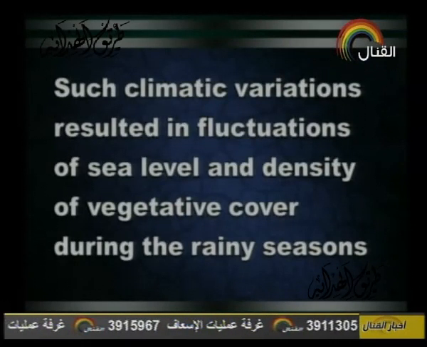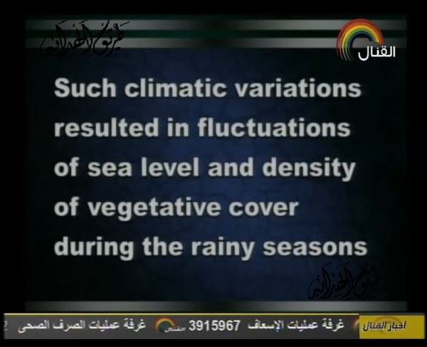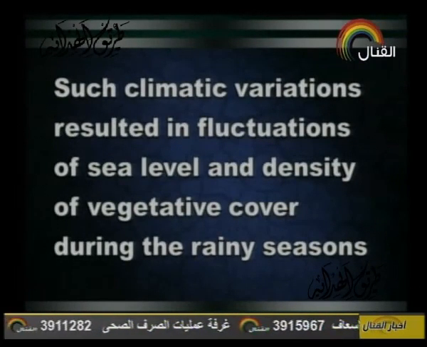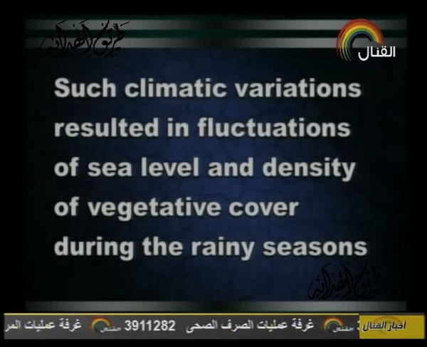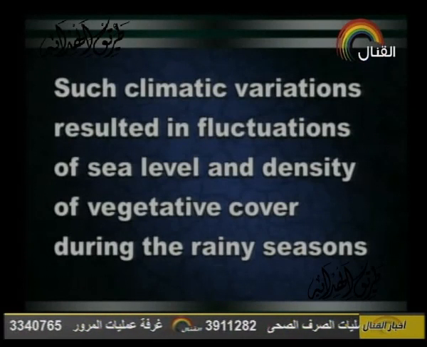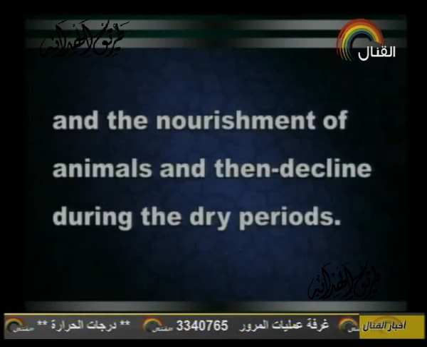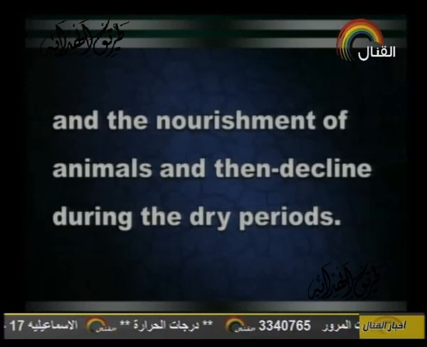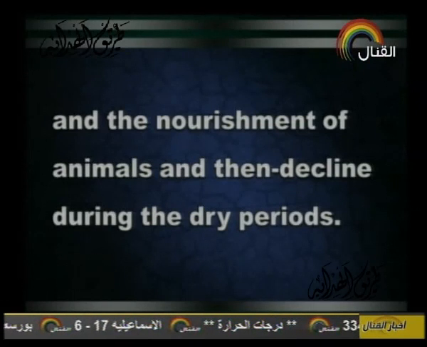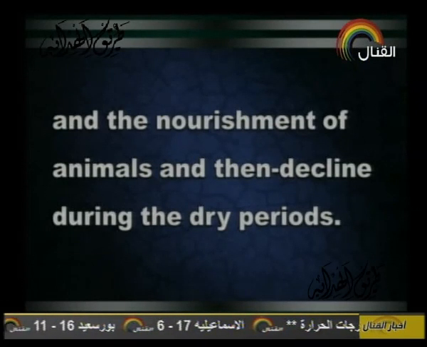Such climatic variations result in fluctuations of the sea level and of the density of the vegetative cover during the rainy seasons, and the nourishment of the animals, and then decline during the dry period.